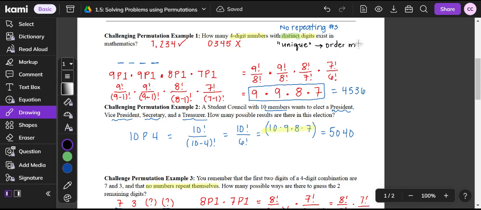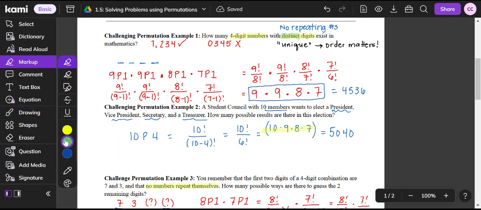And remember, if order matters, this is a permutation. Normally, ones with numbers are always going to be a permutation because no two numbers in math are the same. That won't always be true, but most of the time that is a pretty safe bet.